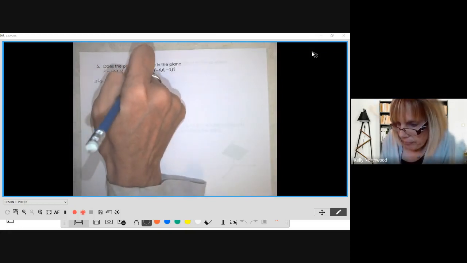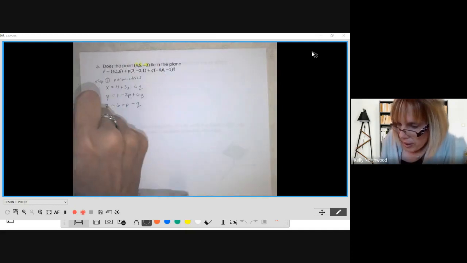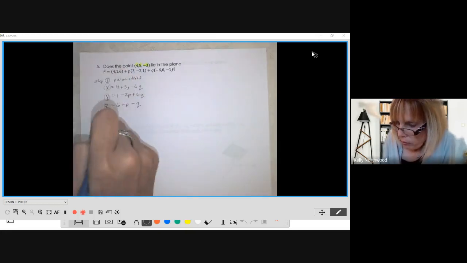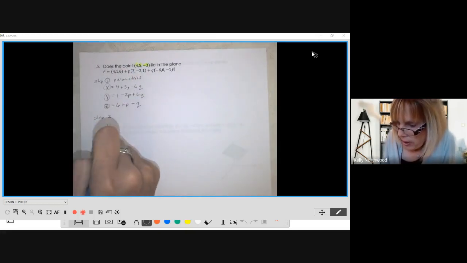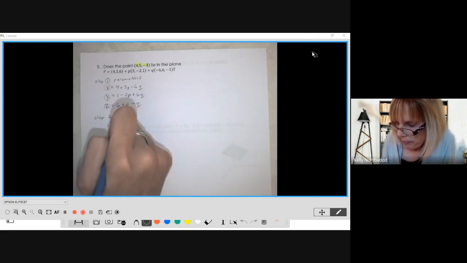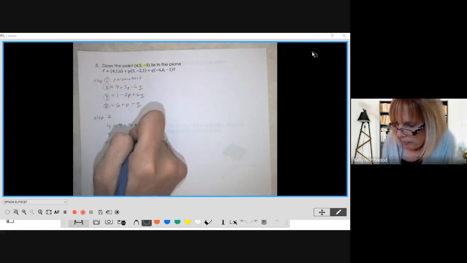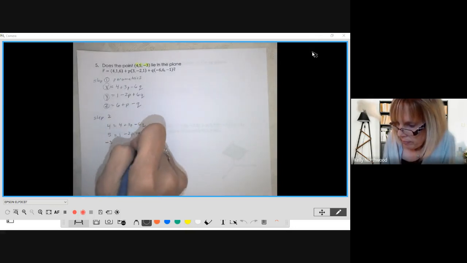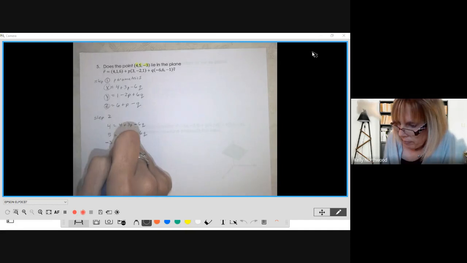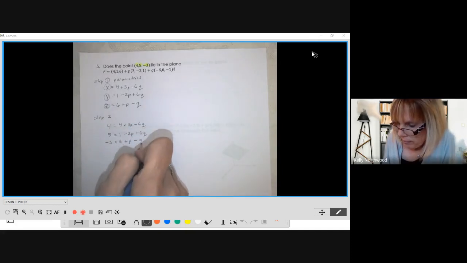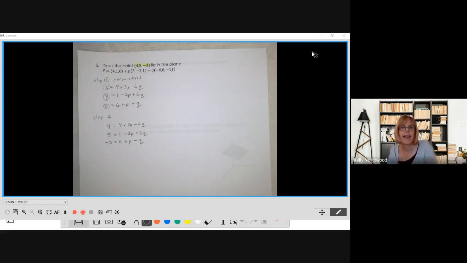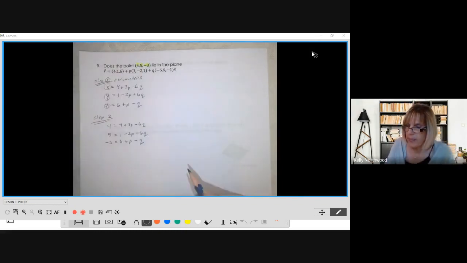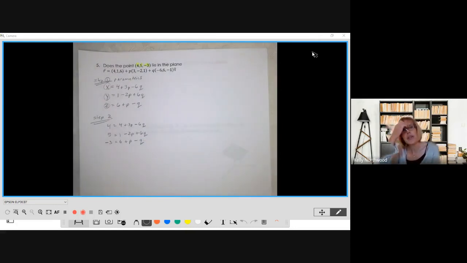So step 2, I'm going to replace x, y, and z with 4, 5, and -3. And it should start to look really familiar to you, similar to what we did yesterday, where we've got 3 equations and 2 unknowns.